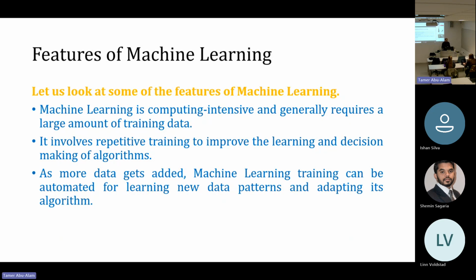When more data gets added, machine learning training can be automated for learning new data patterns and adapting its algorithm. As we will see later, there is a method we can apply to make the machine learning that we did update itself automatically.